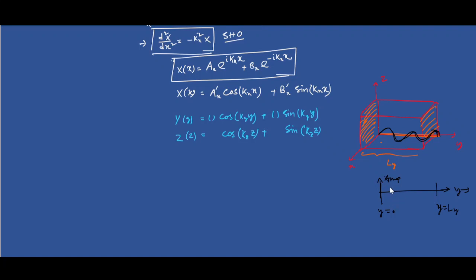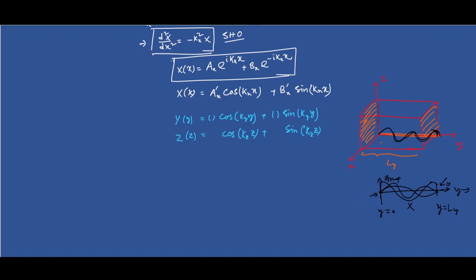So the waveform along y cannot be like that. Also for x and z, the waveform cannot be like that. The amplitude cannot be non-zero at these endpoints. It has to be zero at these endpoints. It has to be a waveform like this; these are allowed because your amplitude has to be zero here and zero here. This is the physical boundary condition we have to apply.